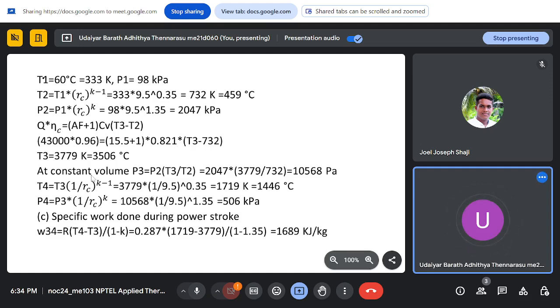Now this is a process happening at constant volume, so P by T is constant. P3 by T3 equals P2 by T2. Your only unknown here is P3. We know T3 calculated, and we know pressure and temperature at state 2.